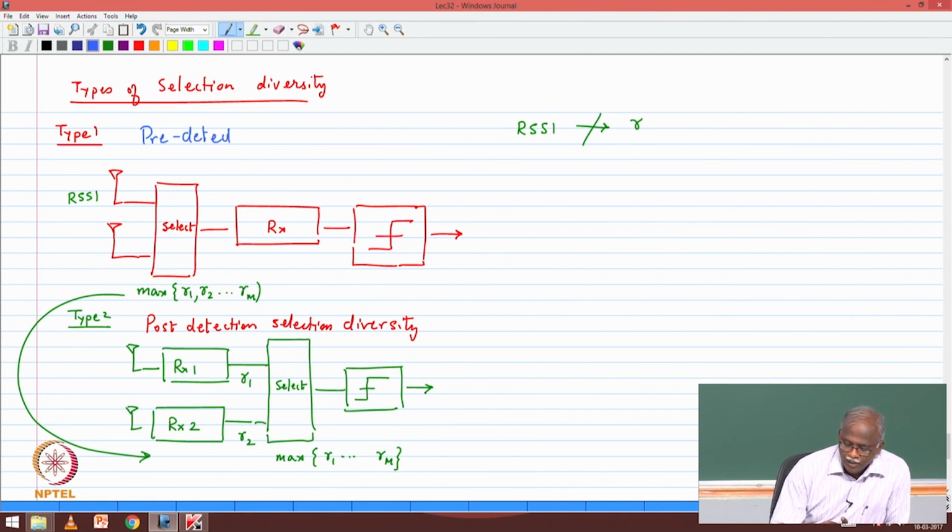Pre-detection simplifies the process because only one receiver is involved, but you have to decide ahead of time. You have to decide based on RSSI, which may not be a very good indicator. On the other hand, the second one is a better option, but you notice that you have more complexity because you have to demodulate both those signals. So pre-detection selection diversity. Okay, just make a note of that.